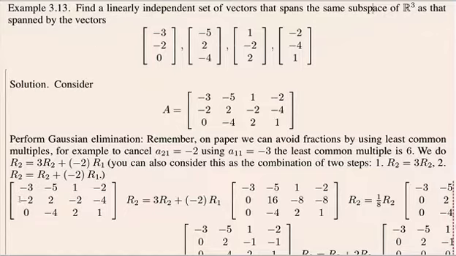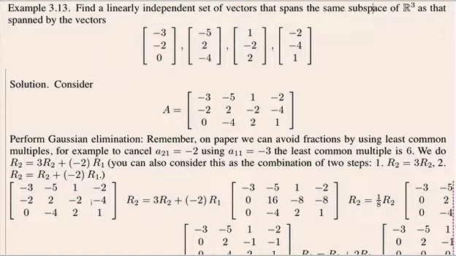For example, to cancel -2 using -3, we can take the least common multiple, which is 6, and then we replace R2 with 3 times R2 plus -2 times R1. So this way we get 3 times -2 minus 6 plus -2 times -3 plus 6. -6 plus 6 is 0.